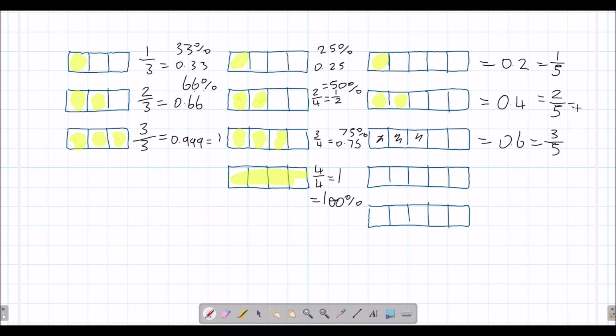And remember as well that if you're not too sure, you can convert these into tenths by doubling. So 2/5 is 4/10, 1/5 is 2/10, 3/5 is 6/10, and so on. We won't go into any more of those.